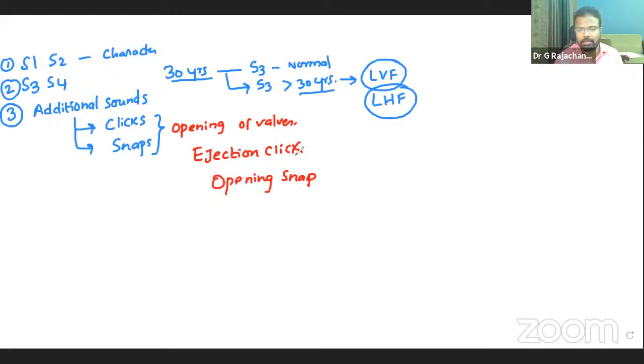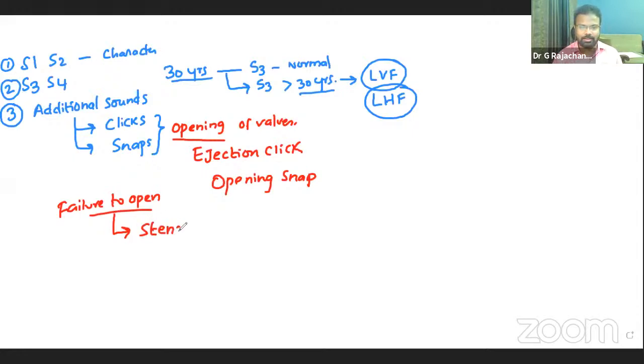I told you about opening. Now, failure to open. I want you to give this answer in the chat box. Failure to open is which condition? I'm waiting. Very good. Failure to open is stenosis.